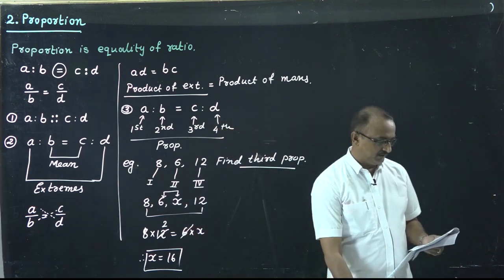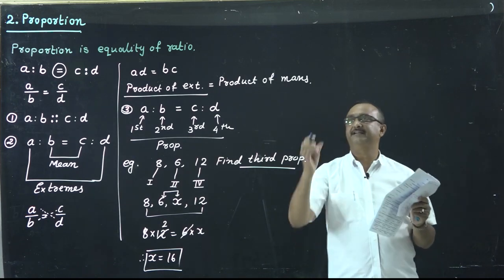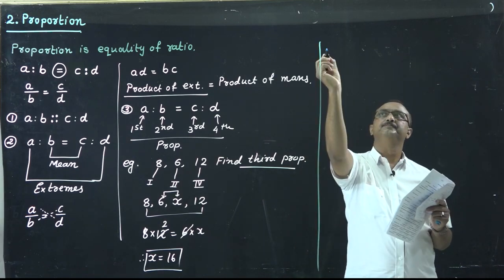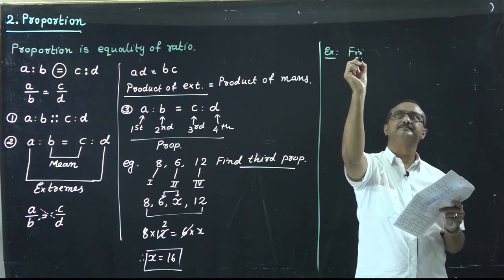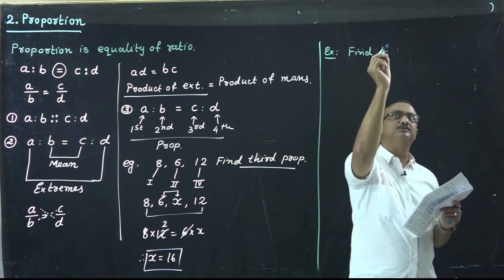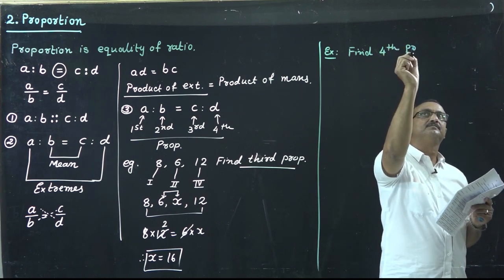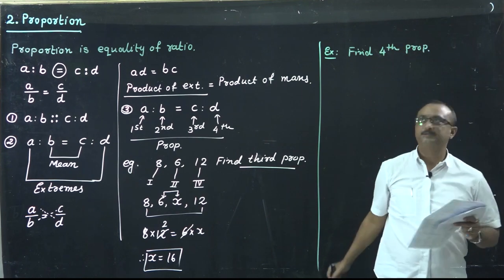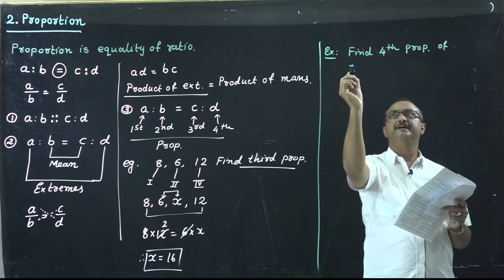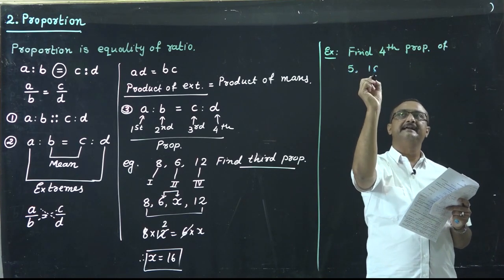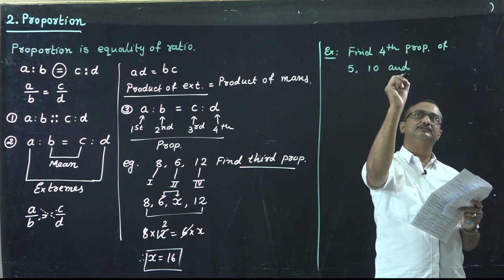Now, one more question we are taking for this. Find the fourth proportional of 5, 10 and 12.